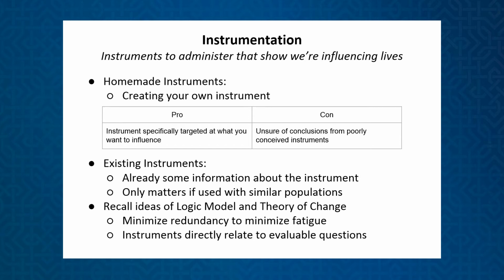And so we worry because we don't know what conclusions are going to be drawn and what decisions will be made, policy-wise, funding-wise, and so forth, from instruments that have been poorly conceived. In the purest sense, you'd have a concept map and you'd talk about the different constructs that needed to be measured, and then you could pilot test and run factor analysis and do all these things.